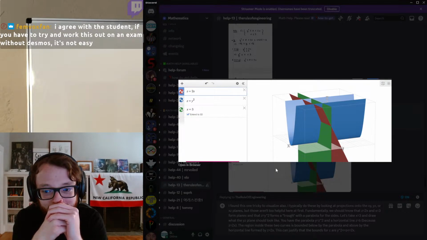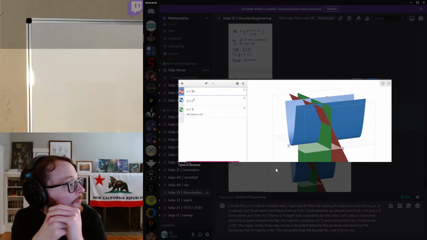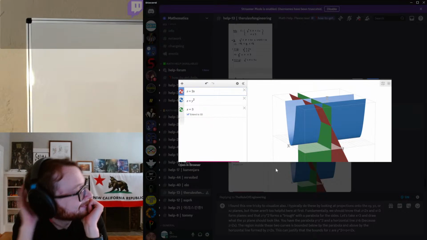So x is going from the plane. That's the trick. X goes from the plane up to 3. We've already integrated in terms of z. So we need to say, remember that z equals y squared?